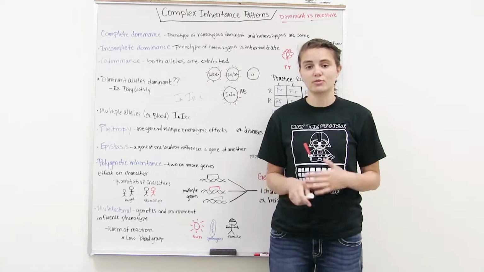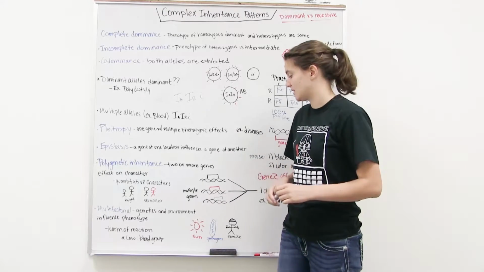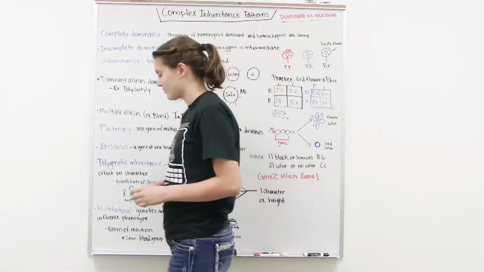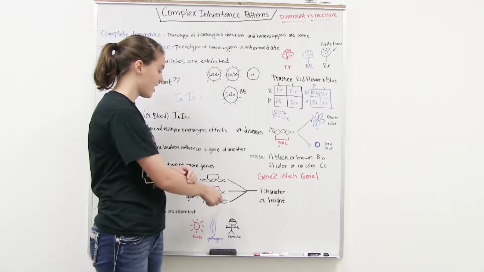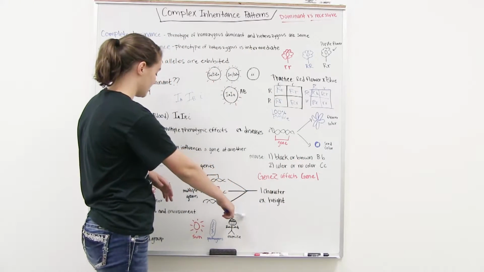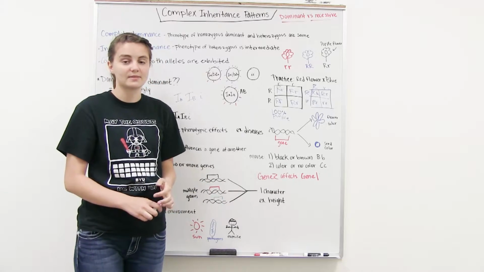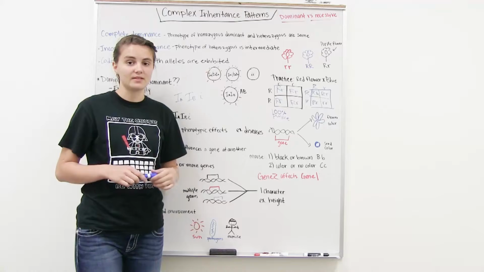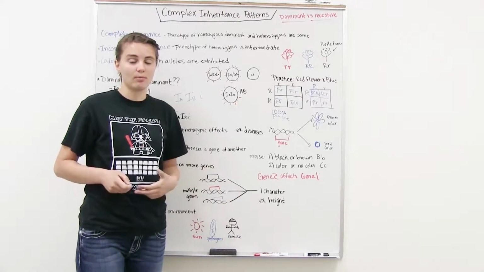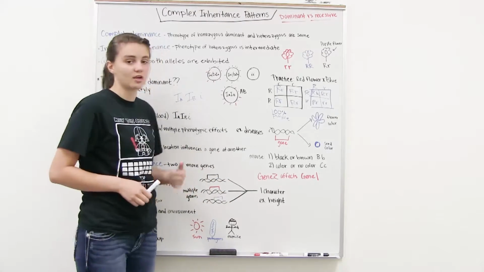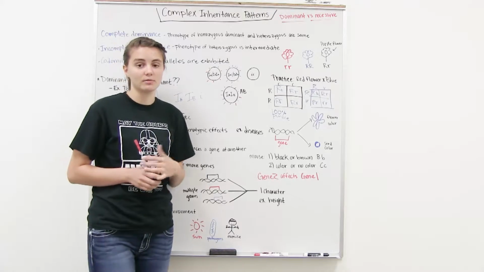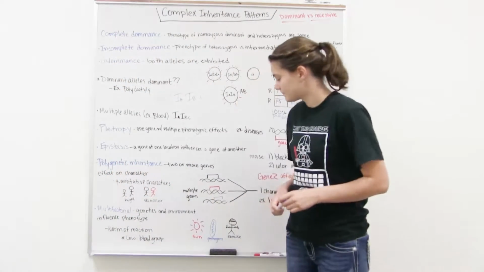There's a huge range from light to dark skin color. And so we have multiple genes affecting one character, such as height. That gets a little bit more complex, but that's how a lot of the things we see in our bodies are determined. It's not just one gene determining my height, it's probably a lot more than one.